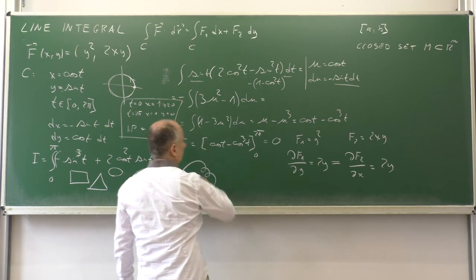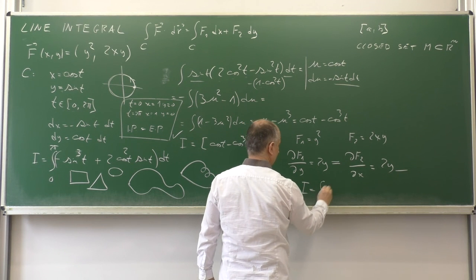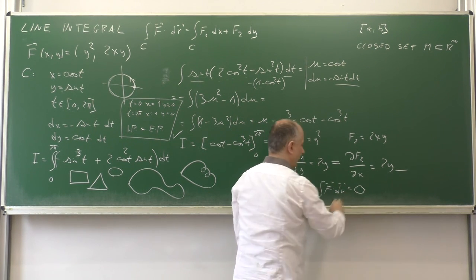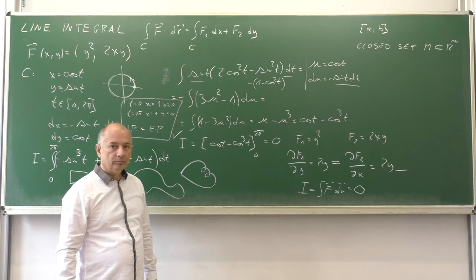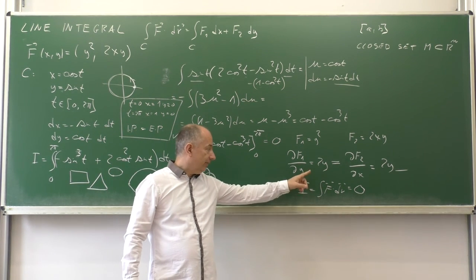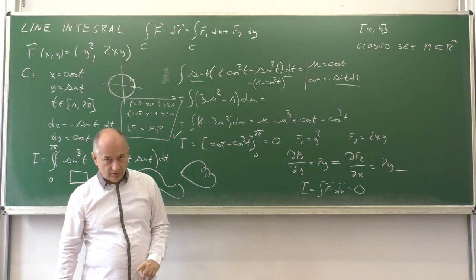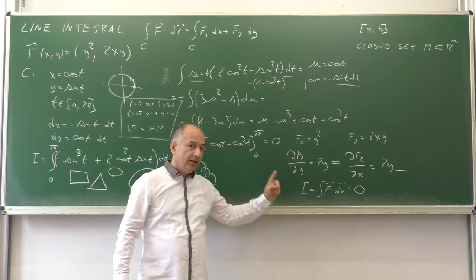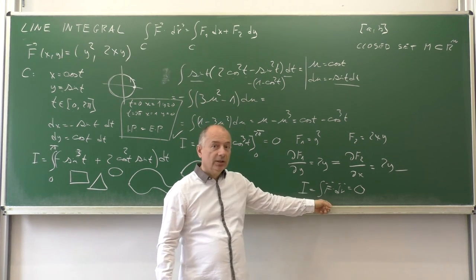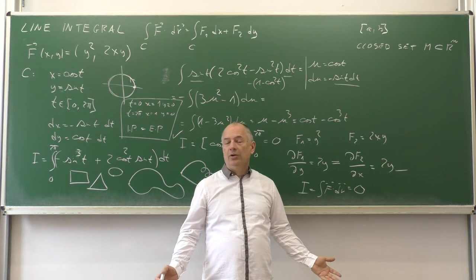If this is true, then the integral is definitely 0. Just from the fact that the field is conservative, that it has potential, we don't have to find the form of the potential. So we compute the integral only using differentiation, no integration.